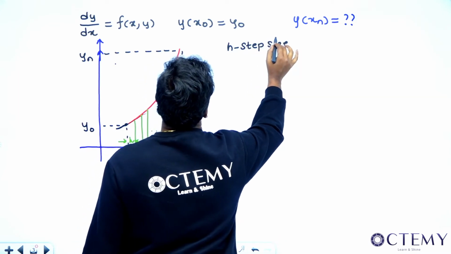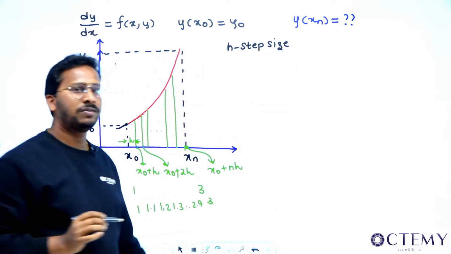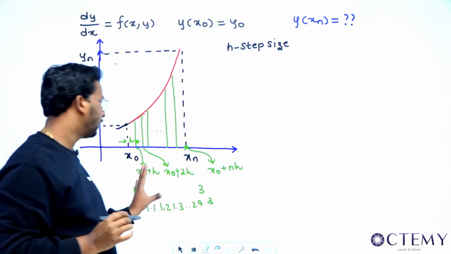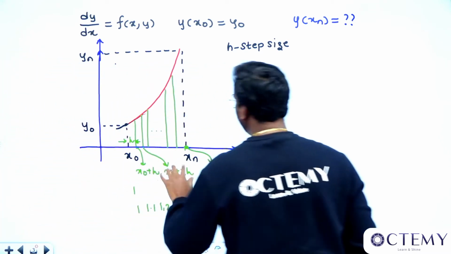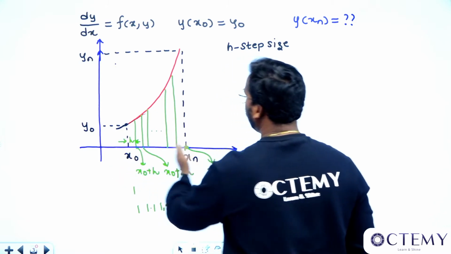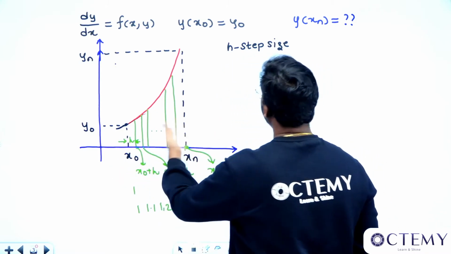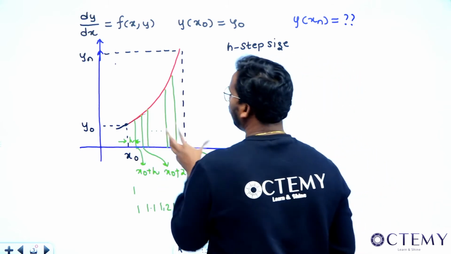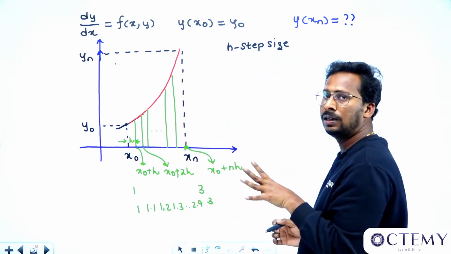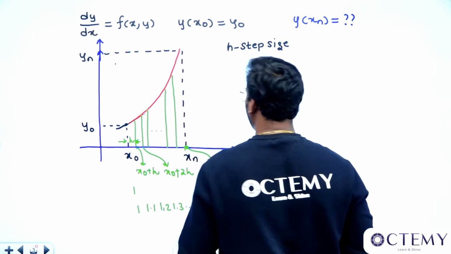That's why in solving ordinary differential equations, we have single step methods and multiple step methods, right? So sir, how do we find h? It is our wish. However many intervals we want, we can do it. In the question, either he will specify the h, or if you want a more exact solution, then your h should be as small as possible.